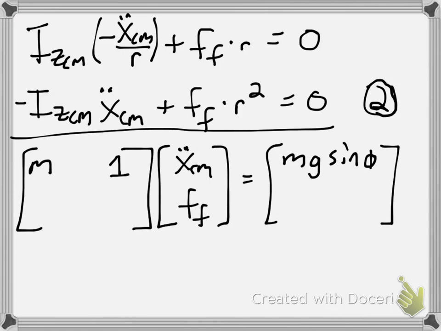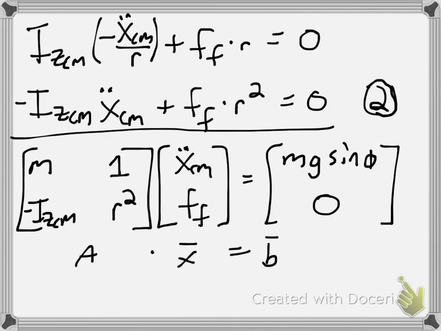And then in my second equation that's just above this, I have minus I_z center of mass times x double dot center of mass plus r squared times the force of friction equals 0. So this is in the A times x equals B form.